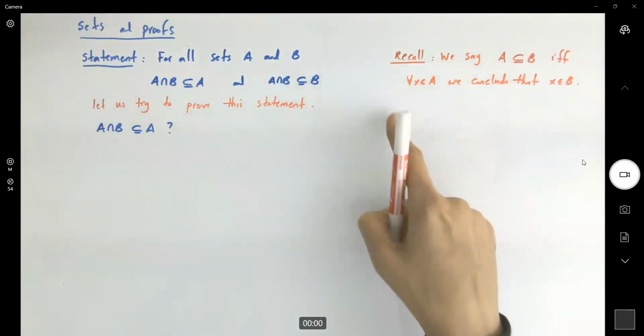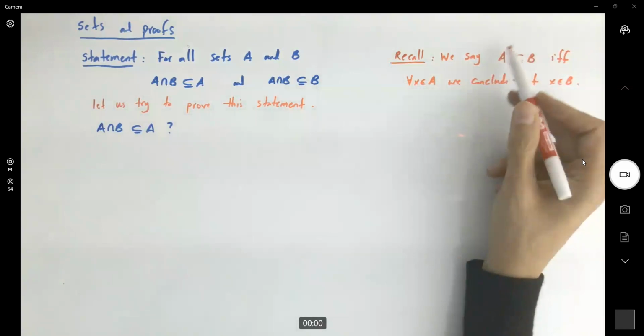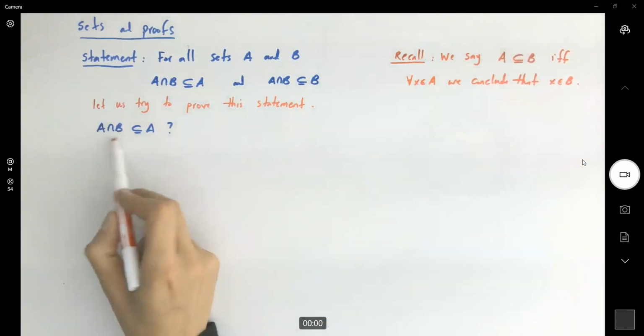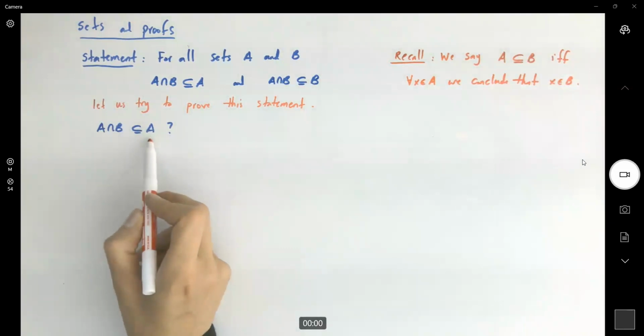We use this definition to define being a subset. So now we want to show that this set is a subset of this set.